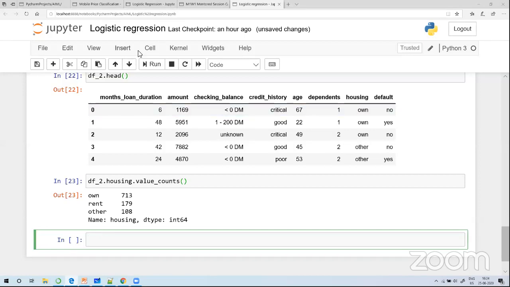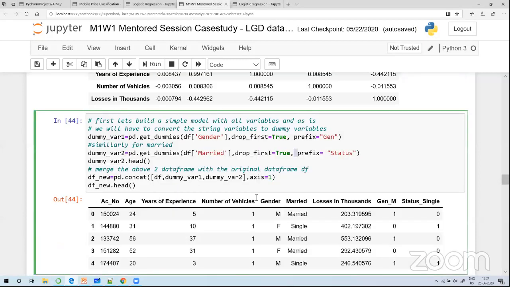I'm not going to type them. I'll copy and paste from one of my earlier codes. It would be easy.